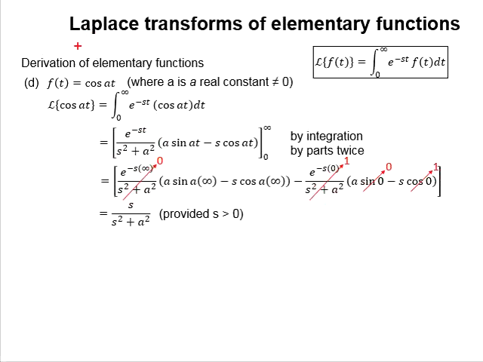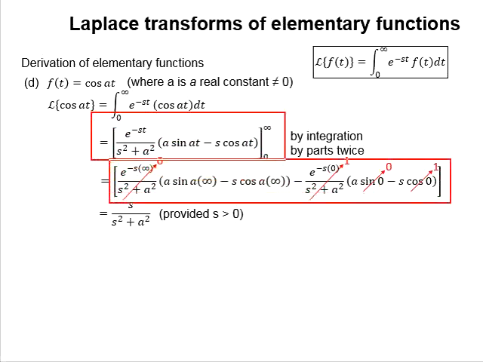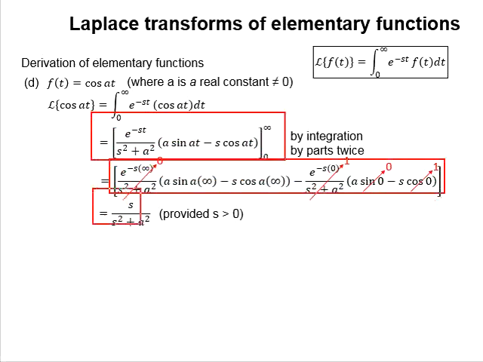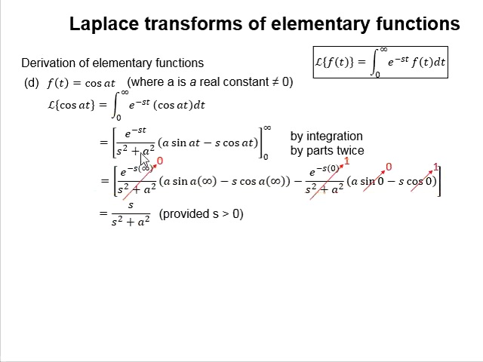Next, if we take f(t) equals cos at, the Laplace transform of this will give you this outcome when you substitute the f(t) into the formula. Integrating it and solving the integration, your final outcome will become this.